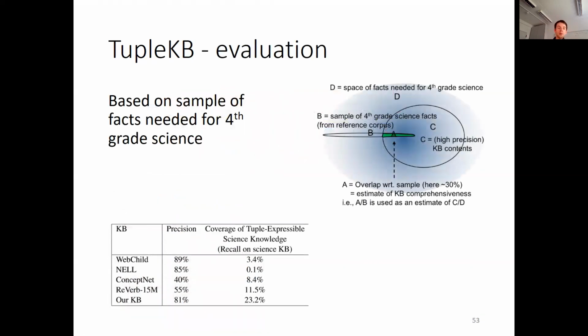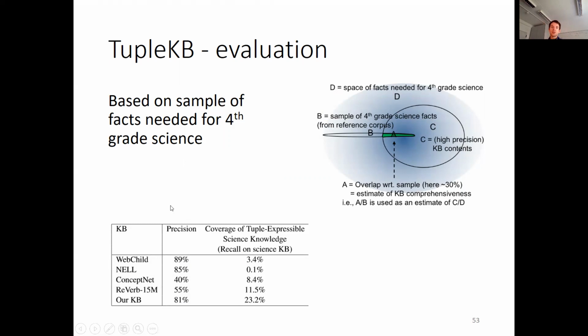And notably, Tuple KB evaluated not only its precision, precision found to be quite high, 81%. But notably, they looked also at recall, and that's an interesting problem because evaluating recall of common sense KBs is typically a hard problem. So how can we say how much of the common sense knowledge we have?